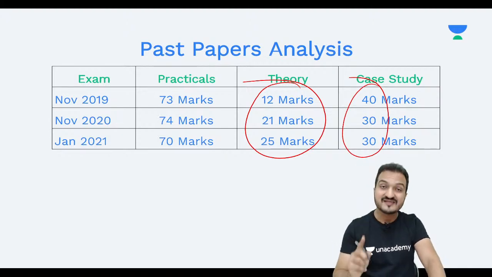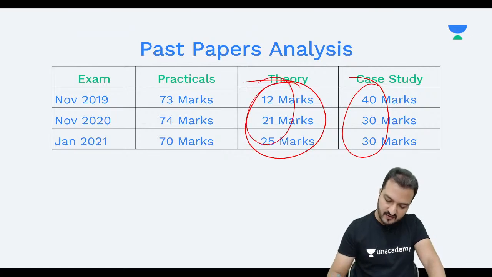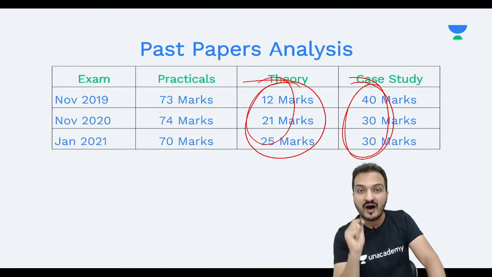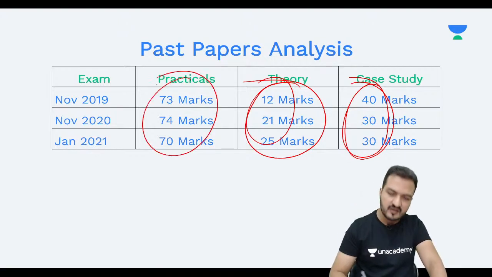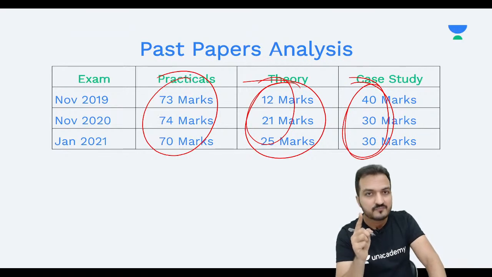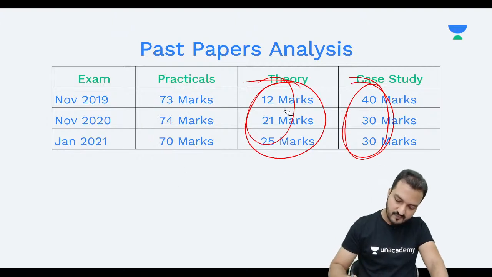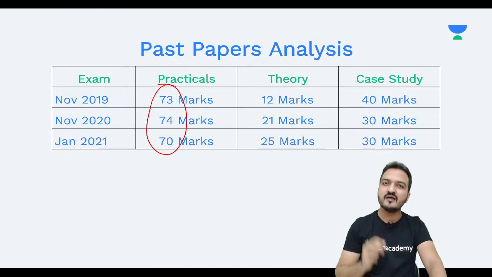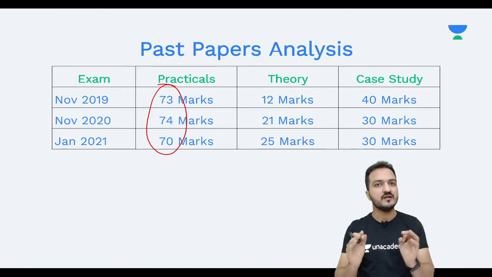So it means you are preparing for only theory and maybe 10-20% of this case study part. You are missing out on almost 70 marks of the paper. Is that affordable? Definitely not. Yes or no? So I cannot give more emphasis on this, but yes, CA final costing is mostly a practical subject.